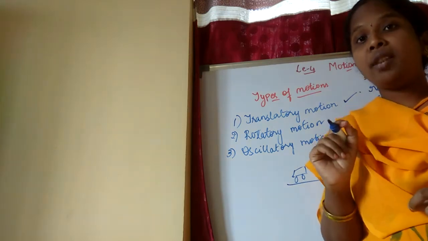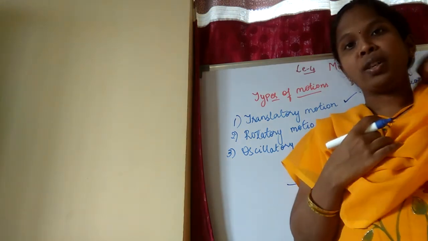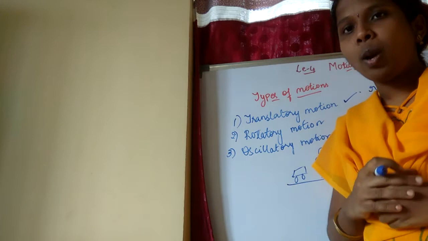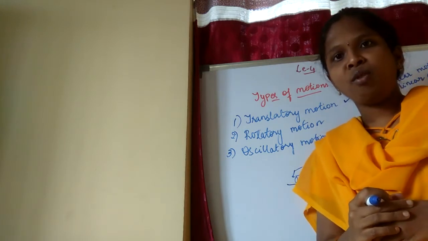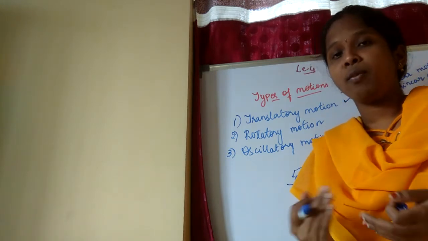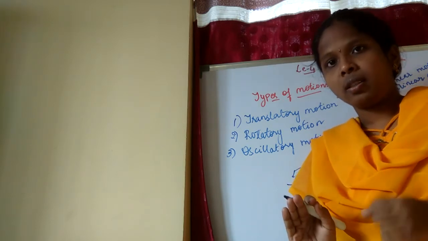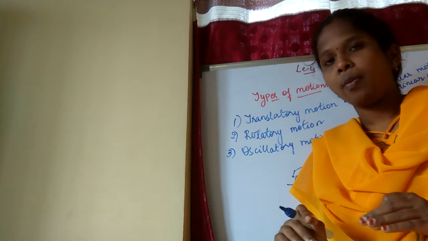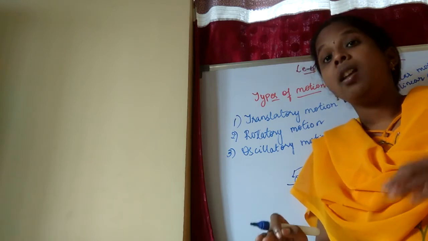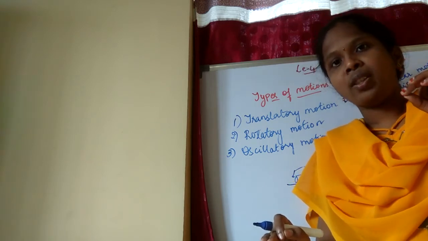So rectilinear motion means what? If your body is in translatory motion, meaning all the parts of the moving body are in motion, that is called a translatory motion. So up to here everyone is clear, that translatory motion is there, no?